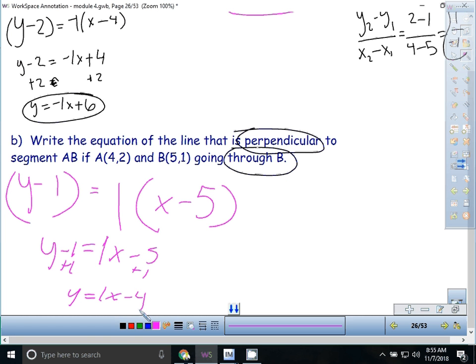All right, let's find another blank page here. Let's try a couple more. Everybody go to page 18.